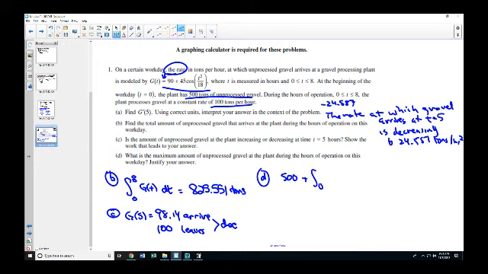Part B minus 100 times 8. So there's the total amount processed, right, for an 8-hour day. How do we find a maximum of that?